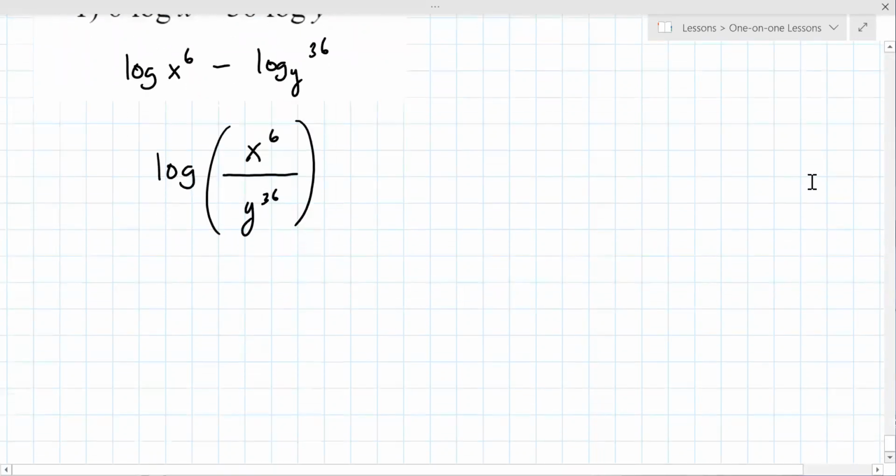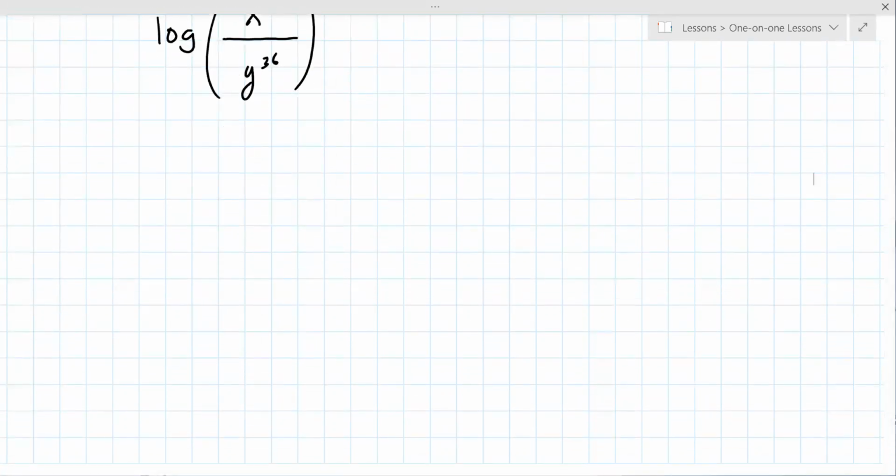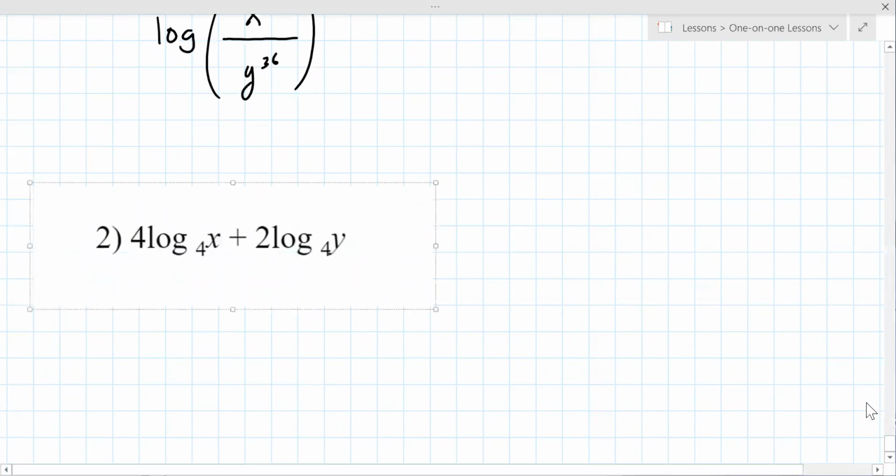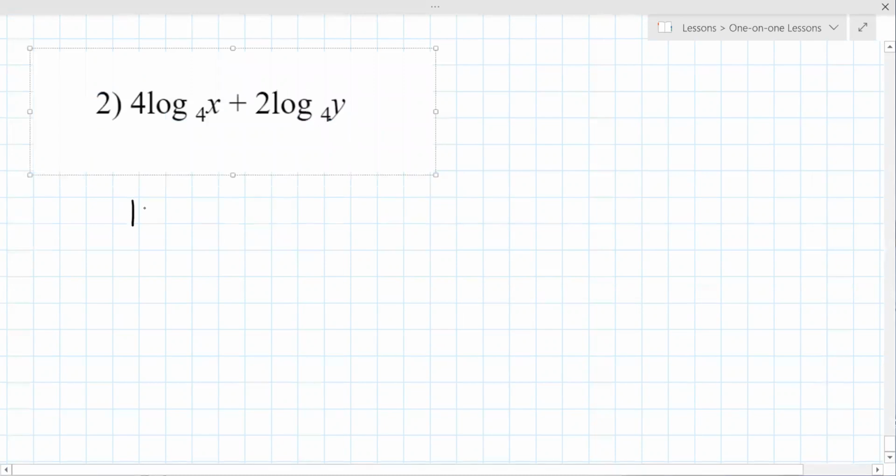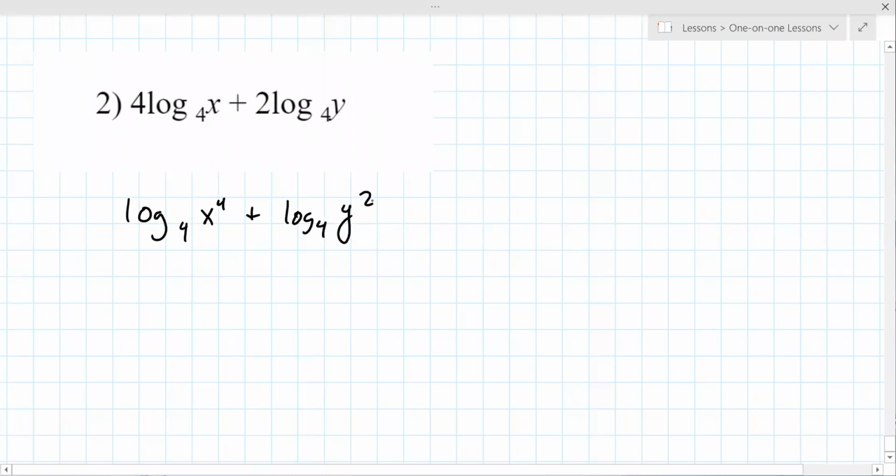All right, we turn this into log base 4 of x to the 4th, plus log base 4 of y to the 2nd. Now what do we do with this? Well, it's a plus.